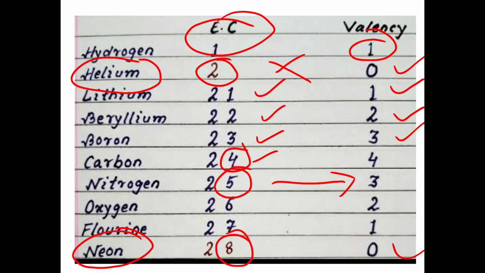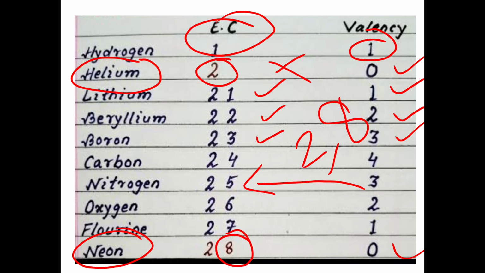How is it? Because the nitrogen atom, which was having 5 electrons in the outermost shell, to get the stability takes 3 more electrons, and it gets the electronic configuration 2,8 like neon, and gets the stability.